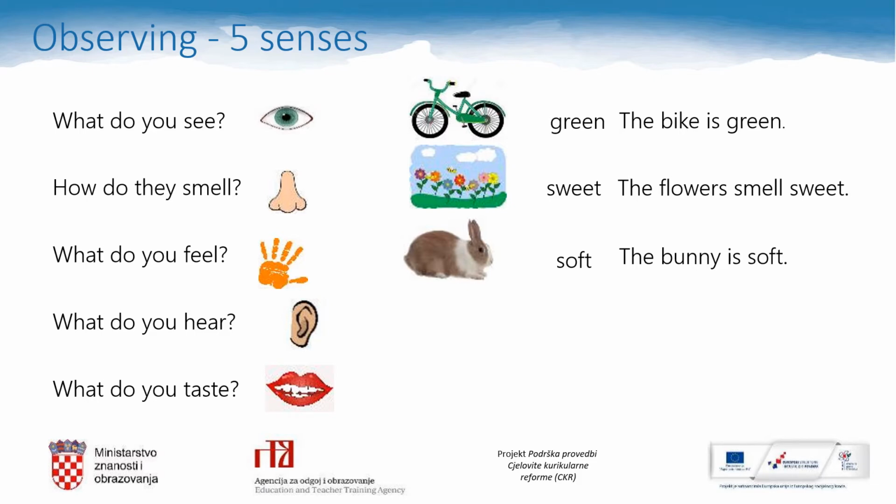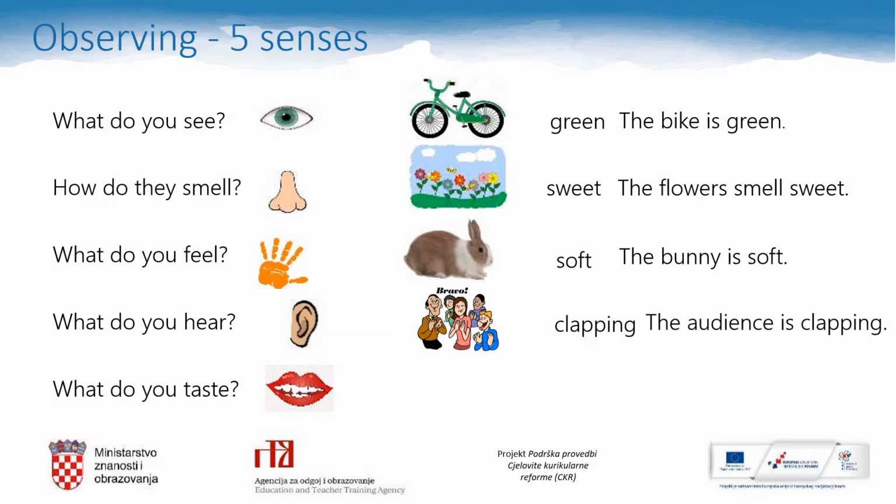What do you hear? Oh, we can see some people here, right? What are they doing? They are clapping. So what do you hear? What do you observe? The audience is clapping.